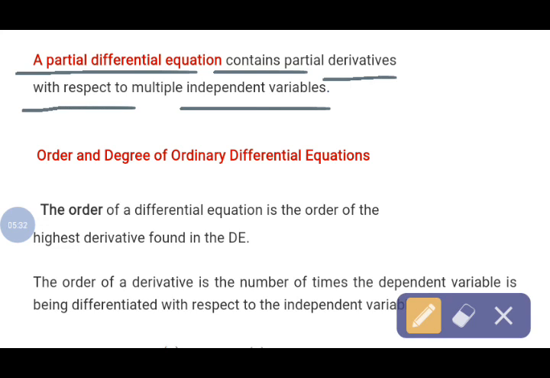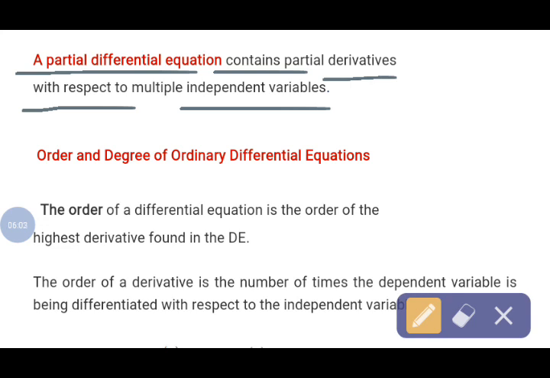A partial differential equation is used to find the area of a sphere, volume of spheres, or volume of cylinders. A partial differential equation also describes polar coordinates and cylindrical coordinates. For example, to describe an electric field, we use a partial differential equation.